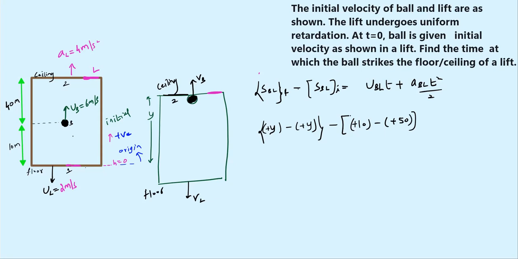Look, these things are very important. This is the origin we have chosen, and I'll write it clearly. What is the origin? This is the origin. Initially, the ball is at a height of plus 10 meters. What about the ceiling? The ceiling is at a height of plus 50 meters.